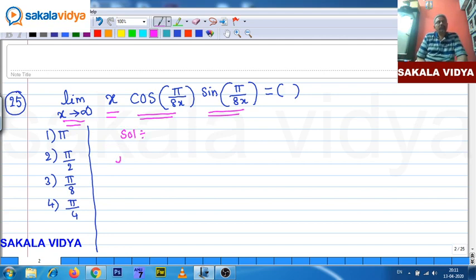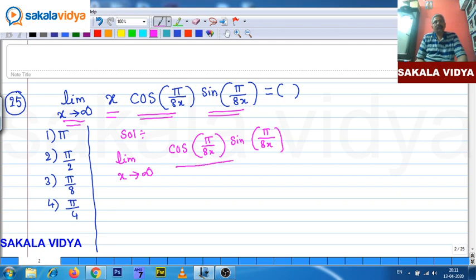Solution: limit x extends to infinity, cos of pi by 8x multiplied by sine of pi by 8x upon this 1 by x. If you simplify, again x comes in the numerator.